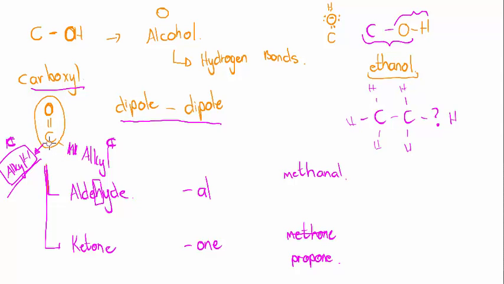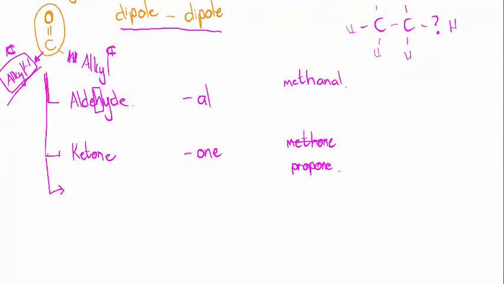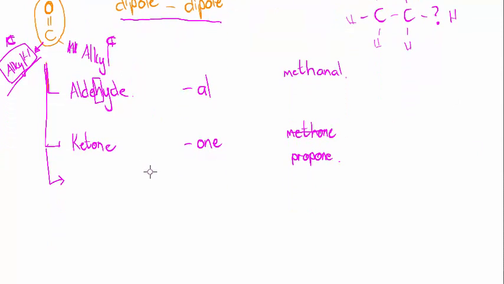It doesn't mean that if it has that, it is a carboxylic acid. There's something else called a carboxylic acid, and that is something else now. So a carboxyl is the carbon double bonded to oxygen, and there are 4 types of them.